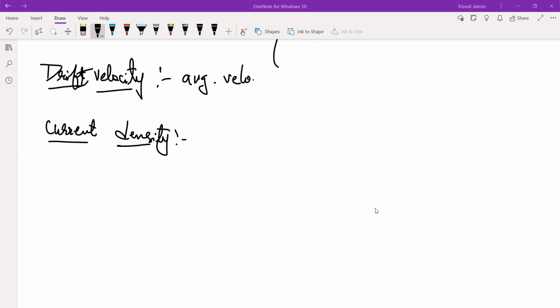Simple: current per unit area. That is current density. And it is a vector quantity again. The formula you already wrote.